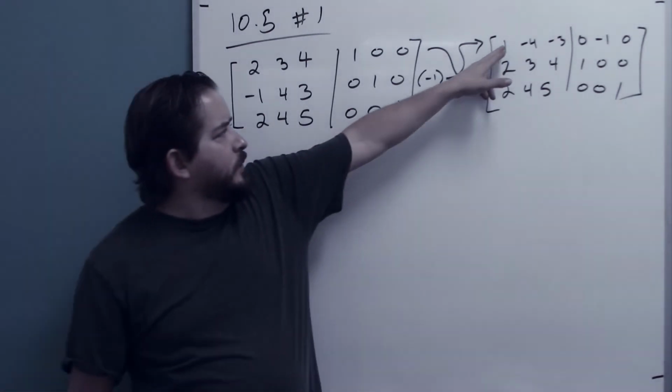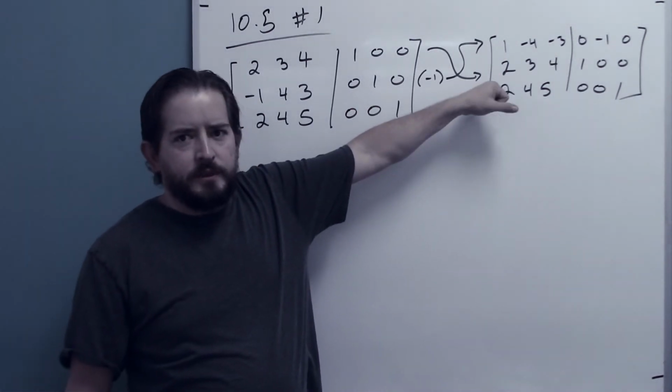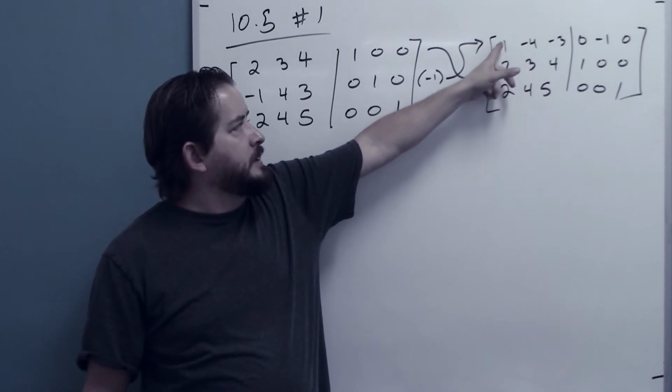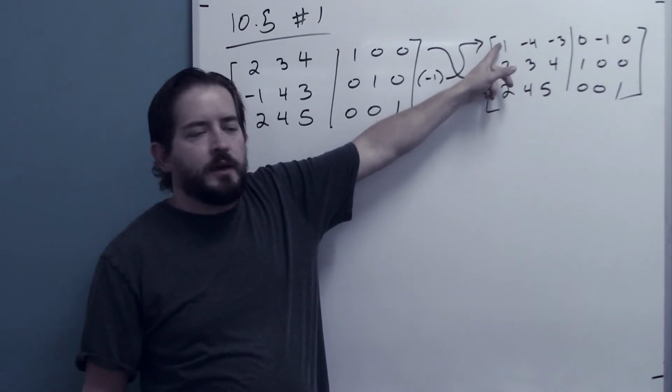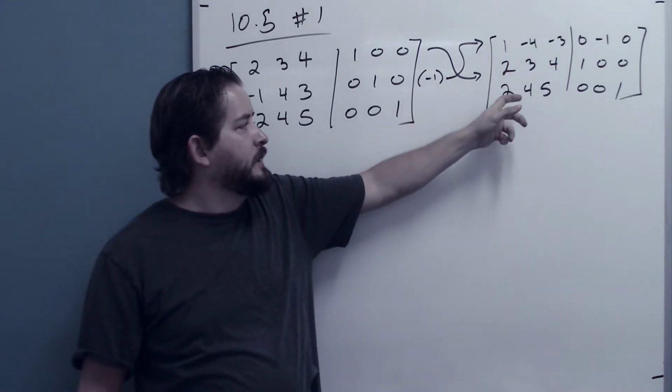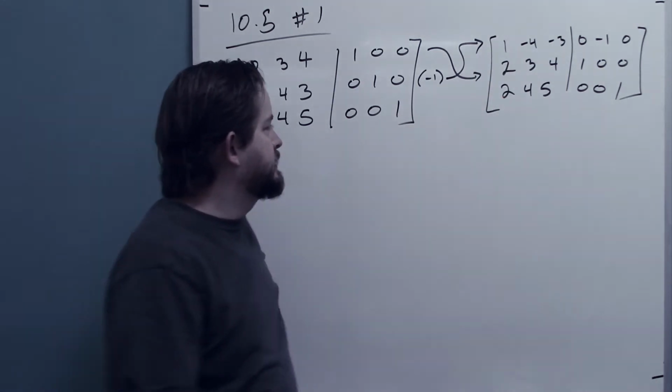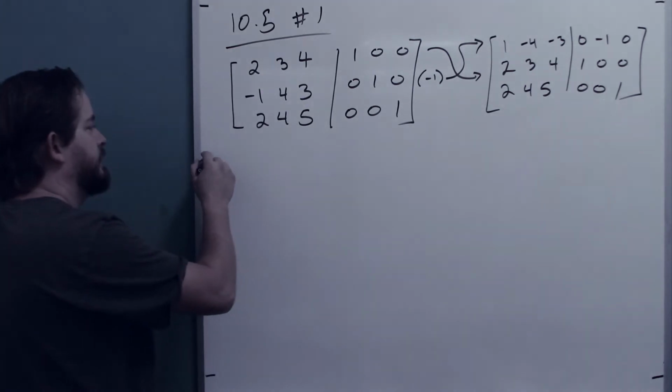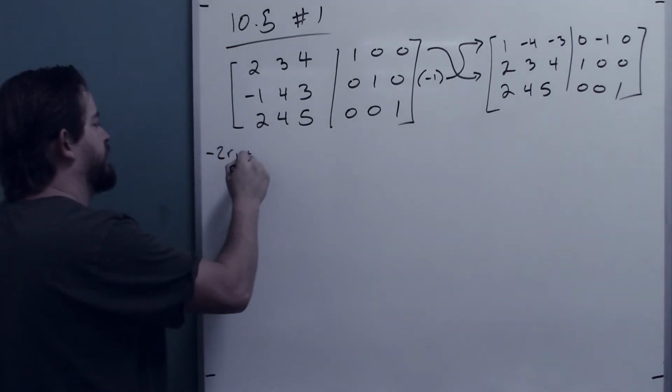Now, whenever I get one of these 1s, I'm going to use it to kill the rest of the column. So that is to say, I'm going to take negative 2 of that top row and add it to row 2, but I'm also going to take negative 2 of that top row and add it to row 3. So I'll write that here. Negative 2 row 1 added to row 2.